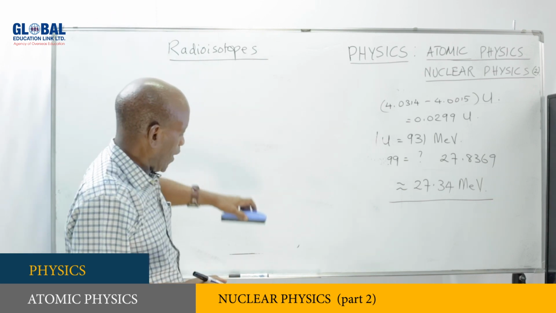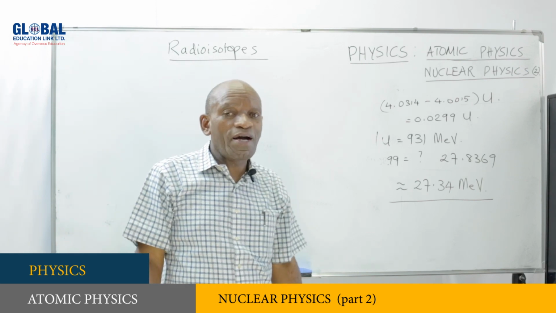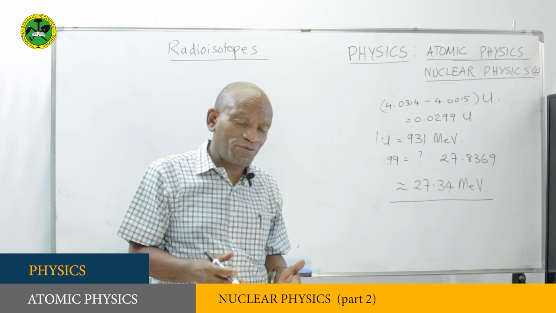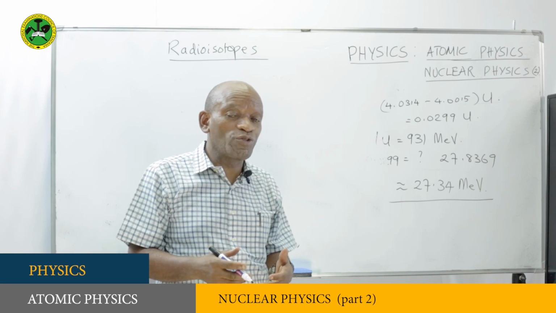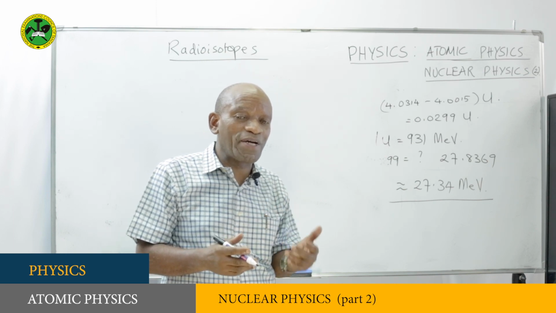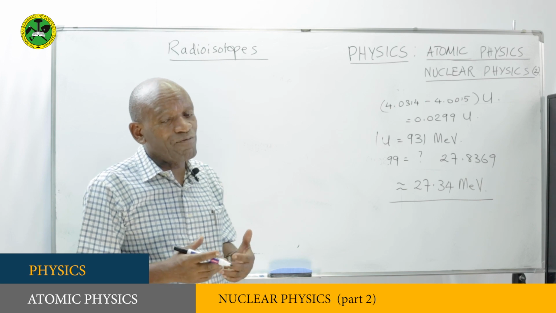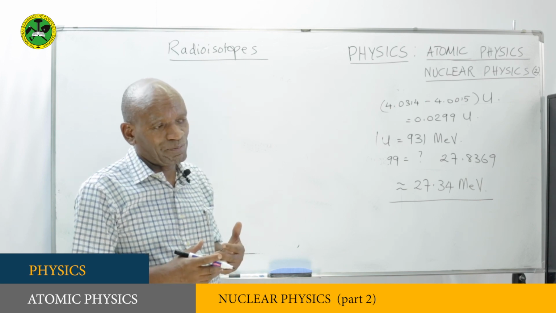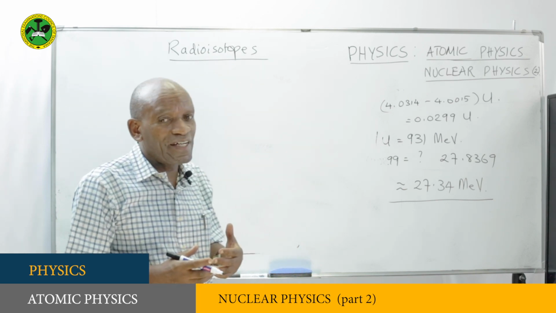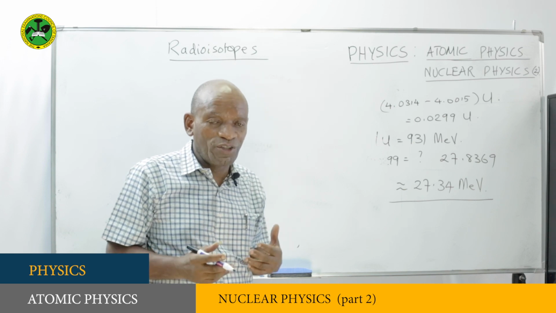The radioactive isotopes are the isotopes which are radioactive. That means that they can release alpha, beta, and gamma rays spontaneously, but their half-lives are really very short. And these rays which are emitted have so many uses in today's technology.